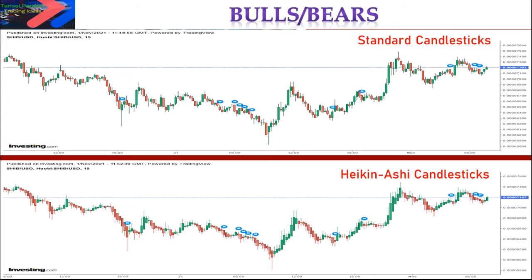But when you apply the Heikin Ashi candlesticks, you'd see now that the dominant color here is red. And when you look at the red candlesticks, they mainly have no upper shadows.